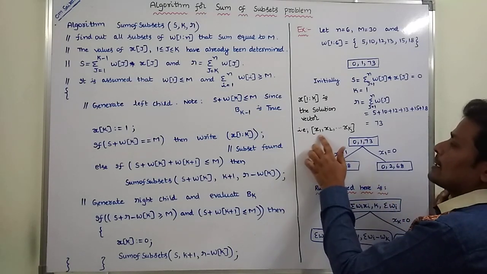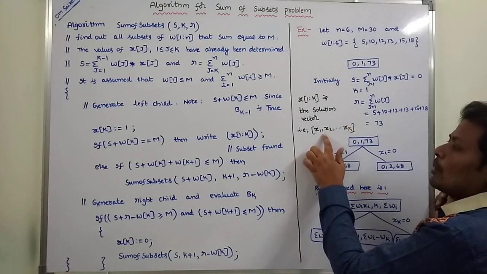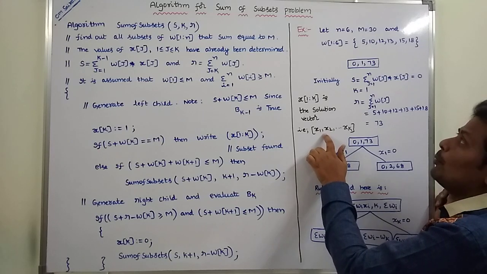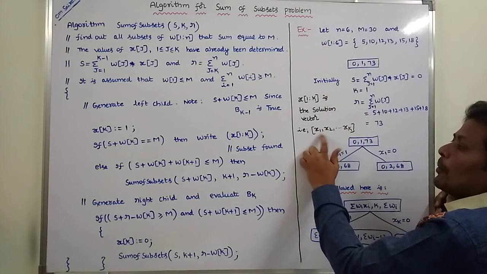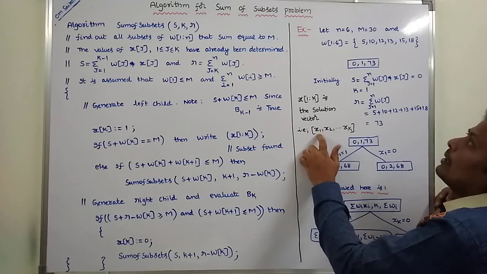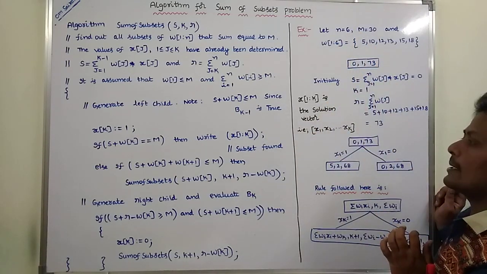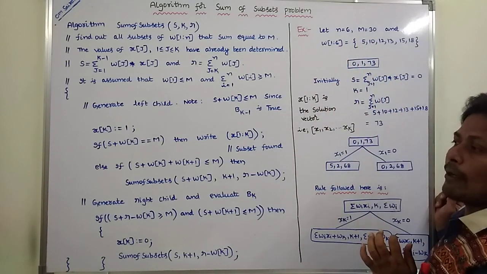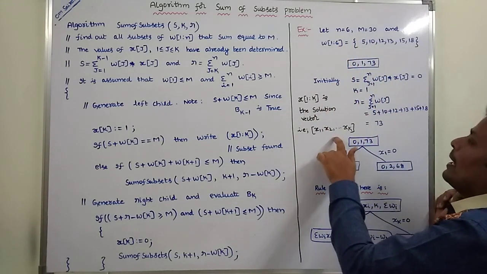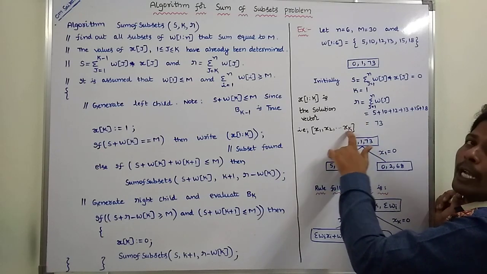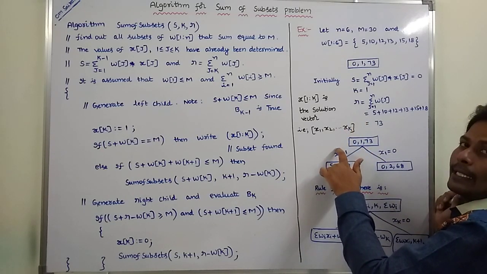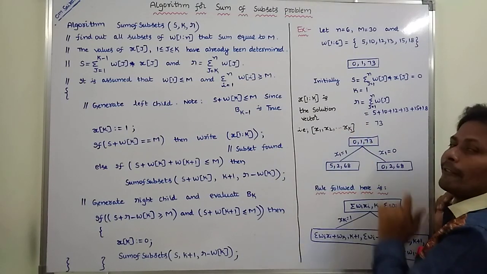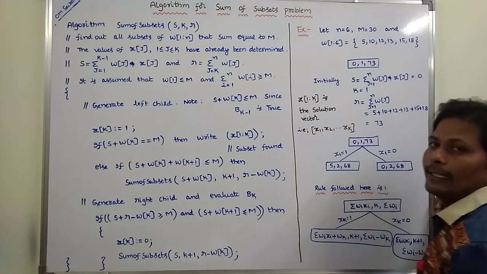So this is the solution vector. It can contain either 0 or 1 for each weight in the weight vector. Suppose x1 is equal to 1, the first object weight is considered. If x1 is equal to 0, the first object weight is not considered. In the same way, x suffix k is equal to 1 means the kth object weight is considered, and x suffix k is equal to 0 means the kth object weight is not considered.